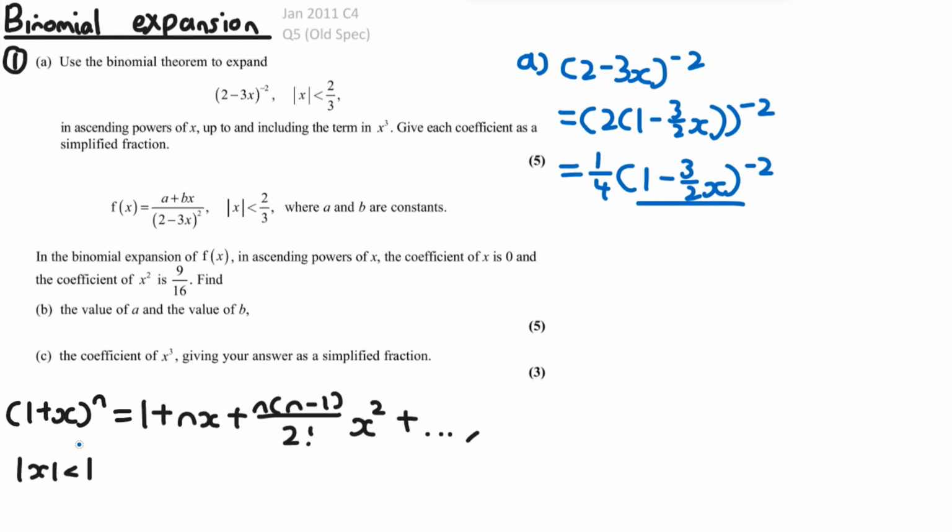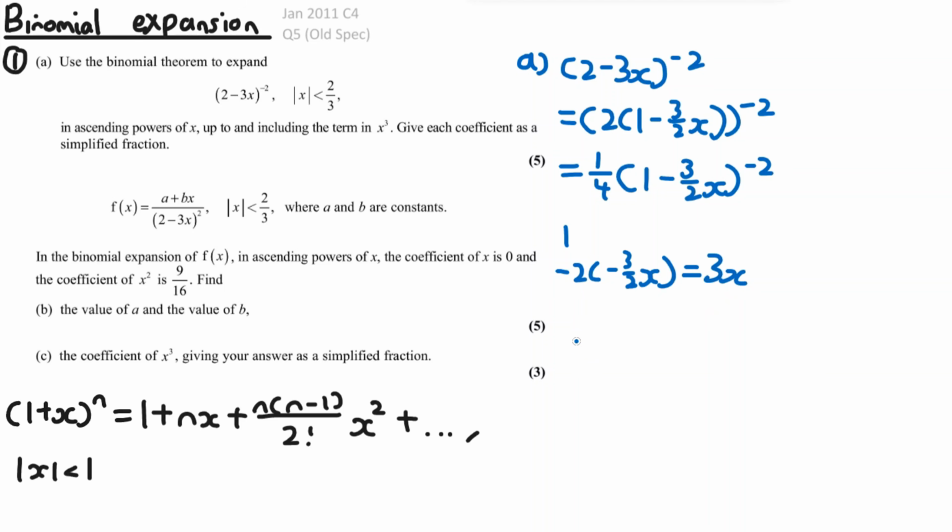And then we can plug this into this formula here. So the first term is going to be 1, the second term is going to be nx, which is minus 2 of minus 3 over 2 x, which is equal to 3x.